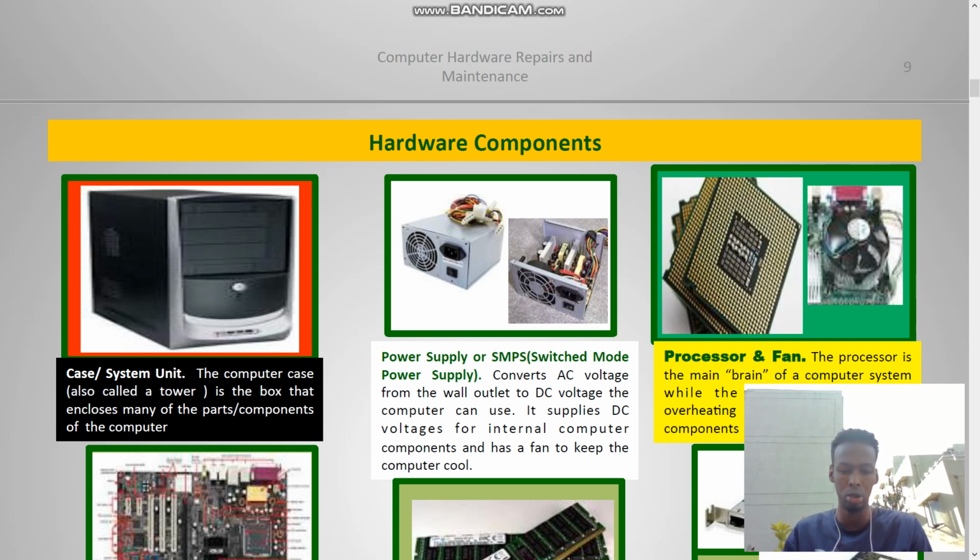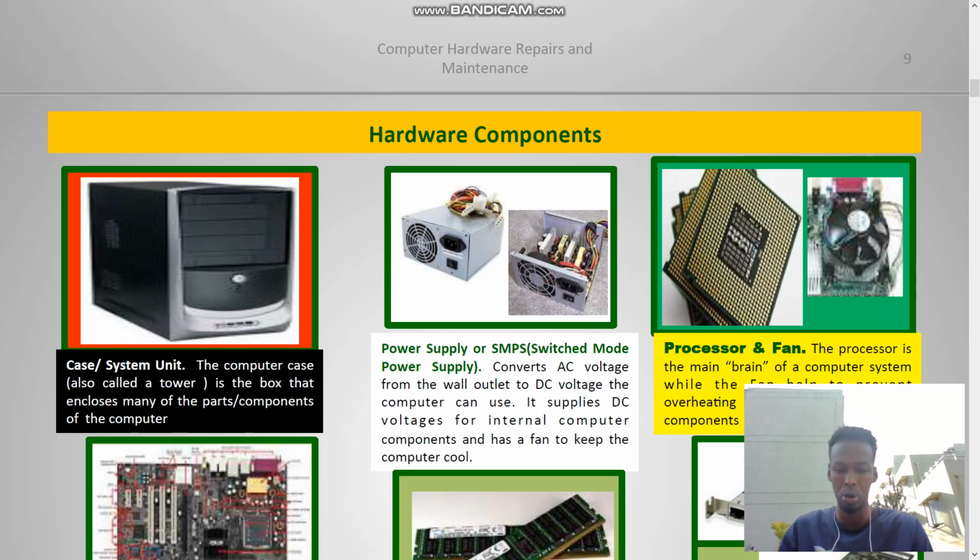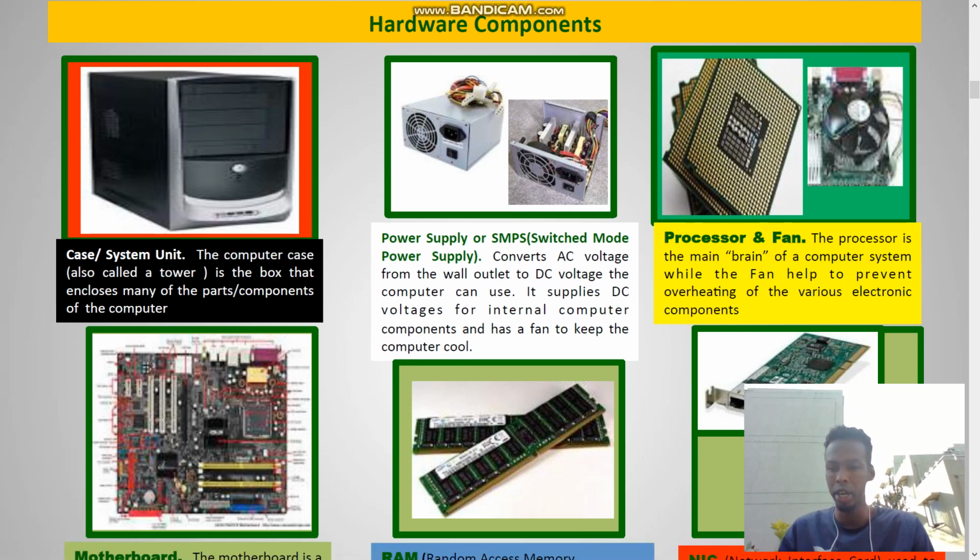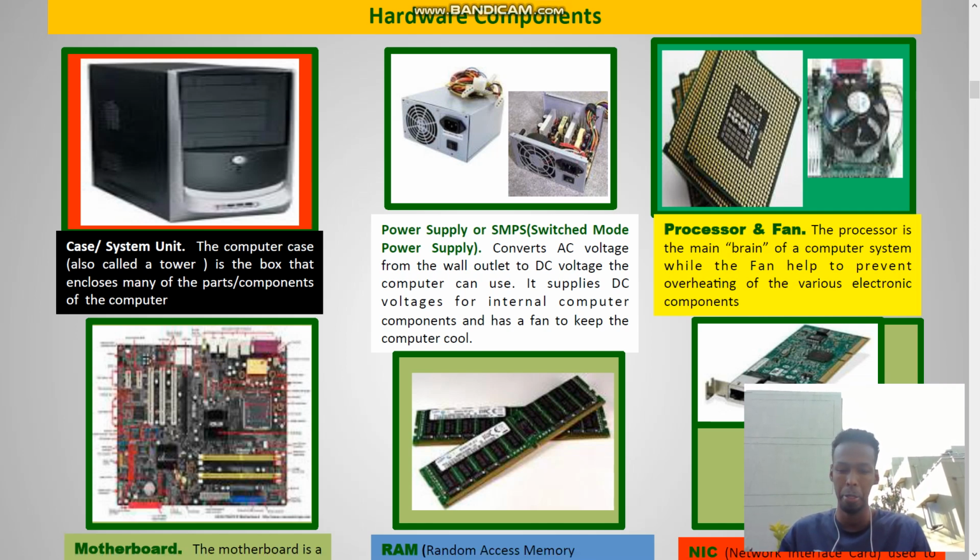It supplies DC voltage for the internal computer components and has a fan to keep the computer cool. This is the processor and the fan. The processor is the main part of the computer, or the brain of the computer system, while the fan helps prevent overheating of the various electronic components.